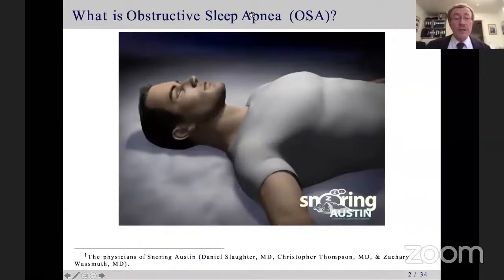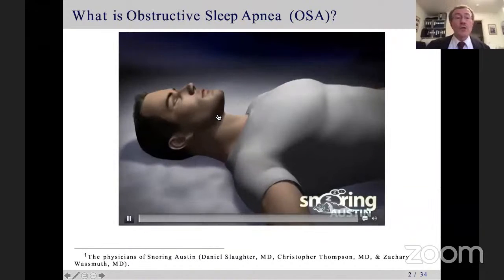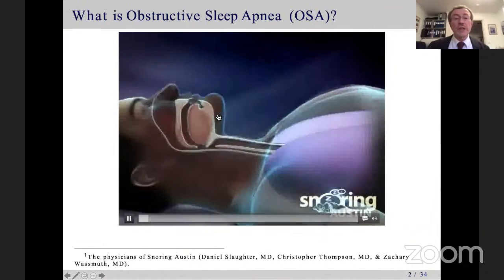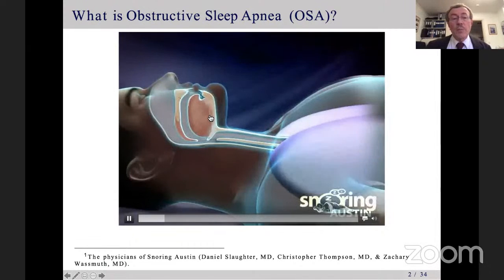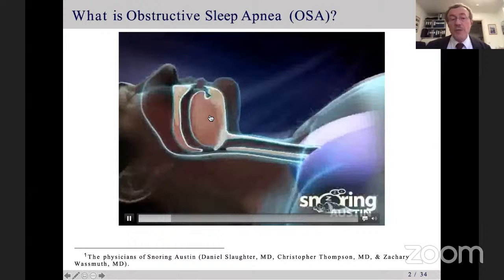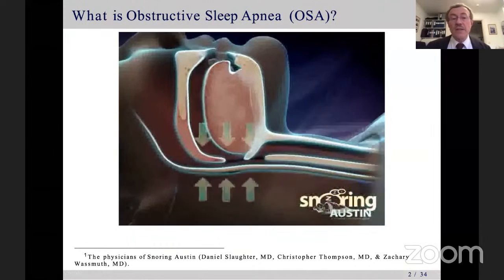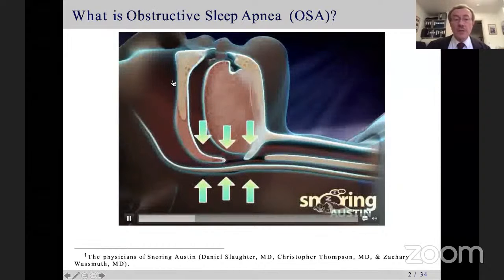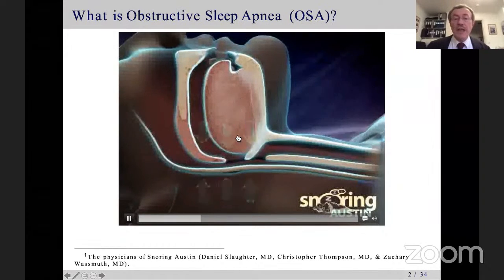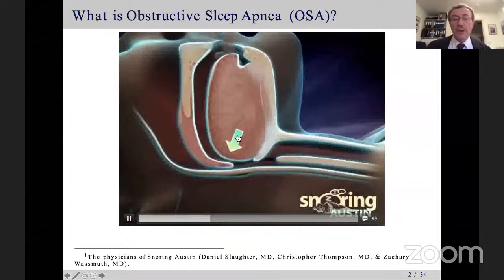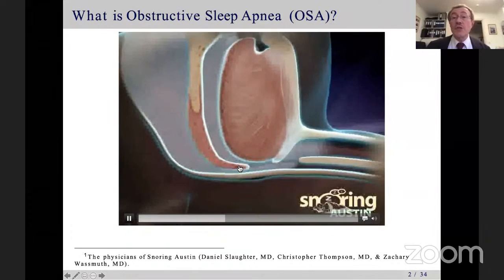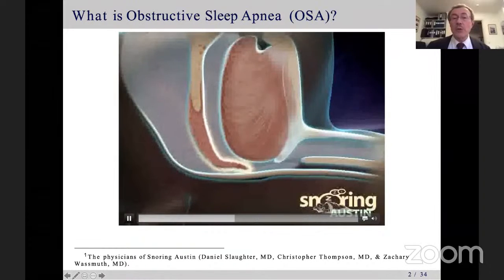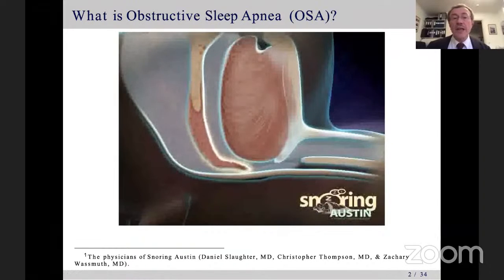So what is obstructive sleep apnea? Usually during sleep, we inhale oxygen through nose and mouth, but it happens, especially for older males, that the muscles can relax and then the tongue will close the airway from the mouth, and we will have oscillations from the soft palate, which is snoring, but that can also close, and then we have the complete airway closed.